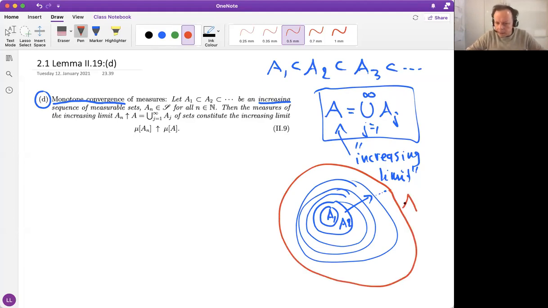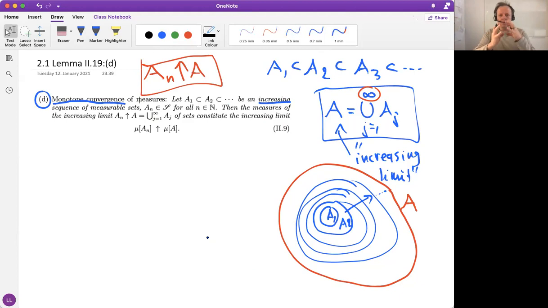Well, technically it ends in A, because A has this infinity there. So this set A contains everything in any of the sets where we are increasing. This is quite often denoted as the union in the end being the limit. A very short notation is that we just write An is increasing to A. So this is a very brief way of saying all of this here, and that's what we assume here: an increasing sequential limit with these sets.